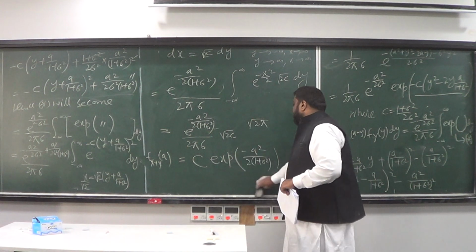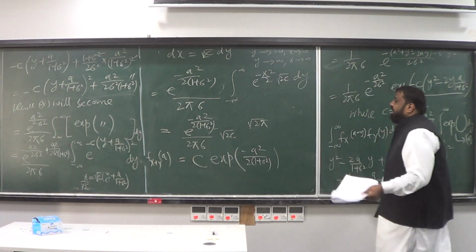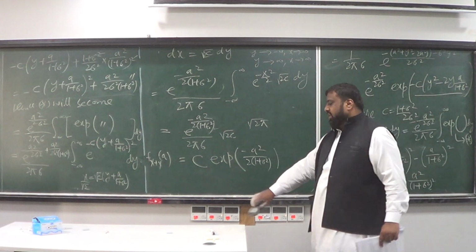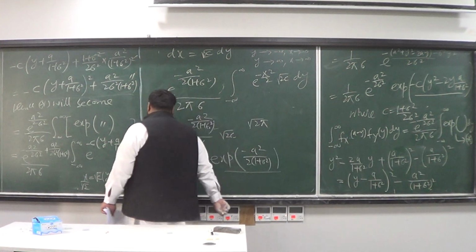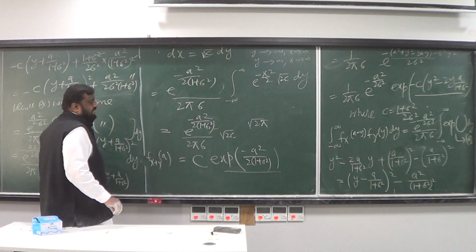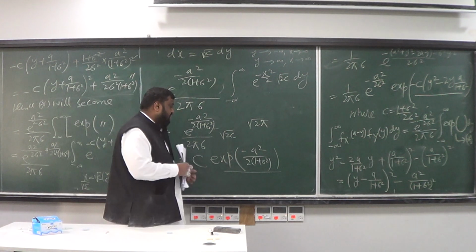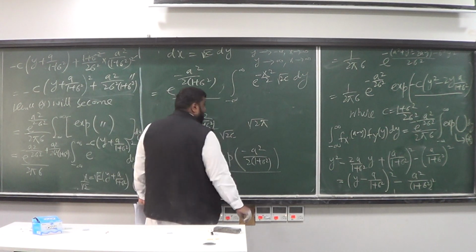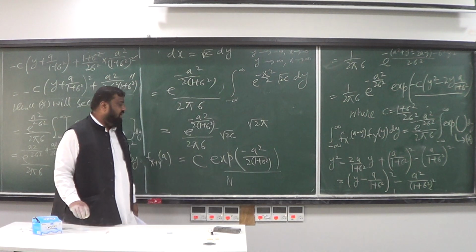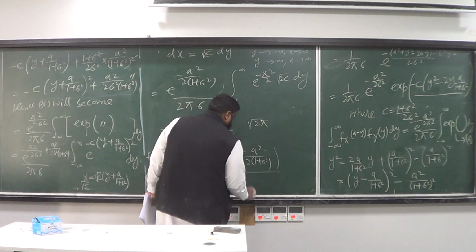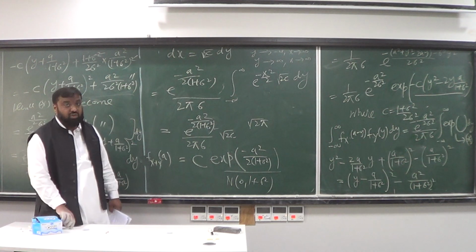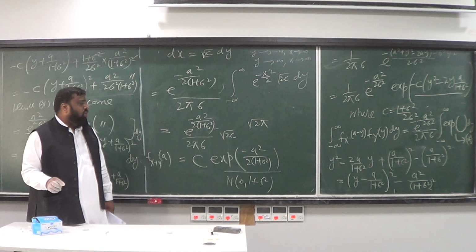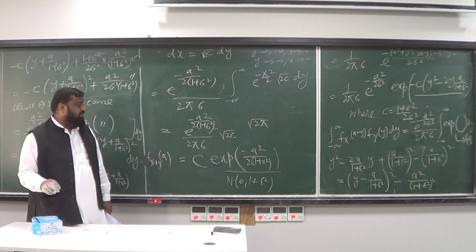But what you get is some constant that does not depend on a times the exponential of this. Now if you carefully look at this, what is this? This is the PDF of the normally distributed random variable with mean 0 and variance 1 plus sigma square.